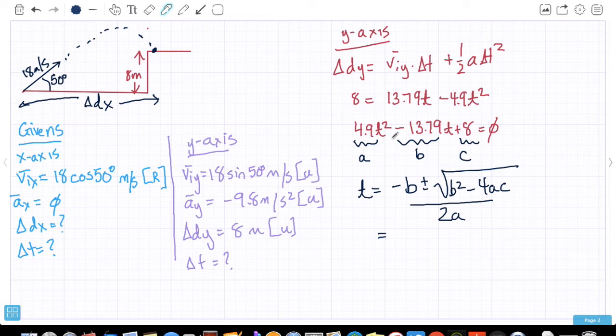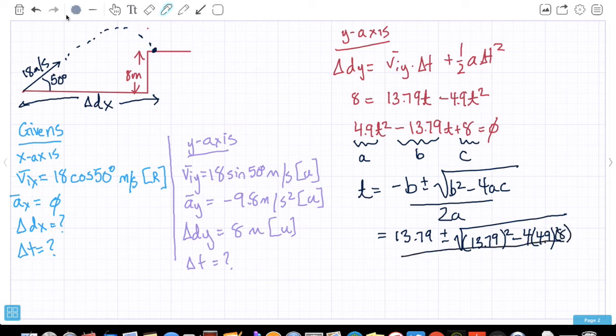So when I substitute all of these in, I get negative negative, which is a positive, 13.79 squared minus 4 times 4.9 times c, which is 8, over 2 times a, which is 9.8.